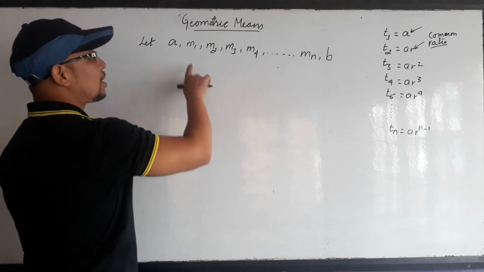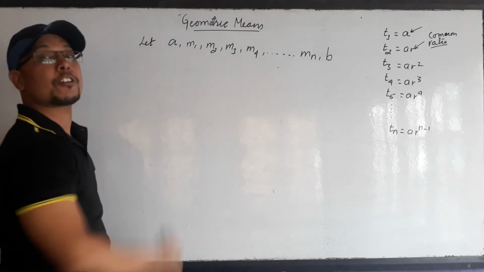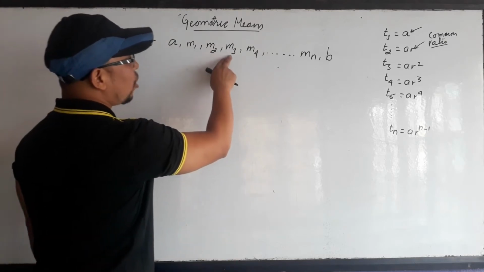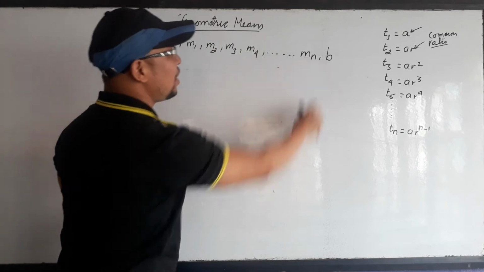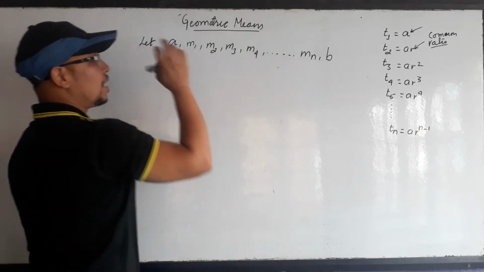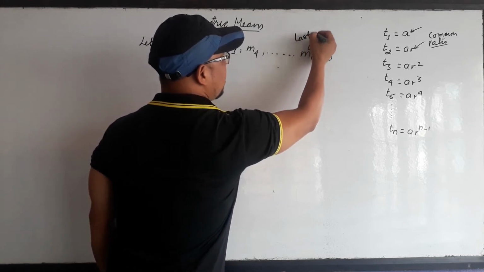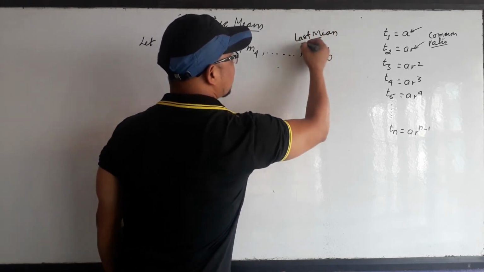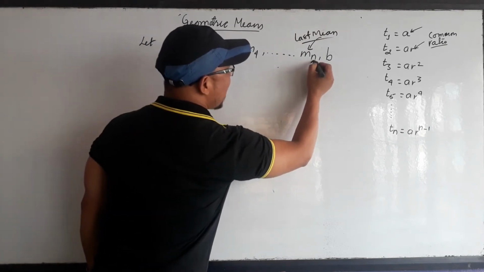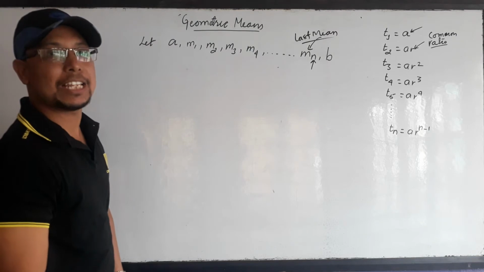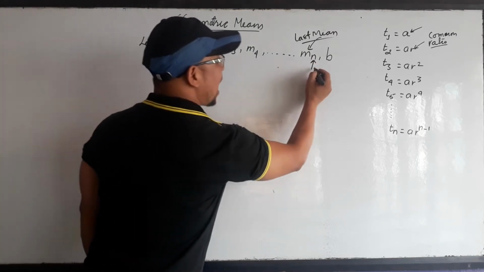But instead of saying terms, I would prefer to say M1 is the first mean, then the second mean, third mean, fourth mean, and so on up to the last mean. Here B is the last term and A is the first term. This n is not the last term; this n is the last mean.